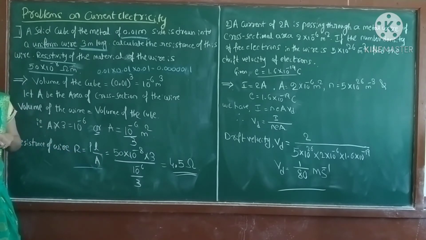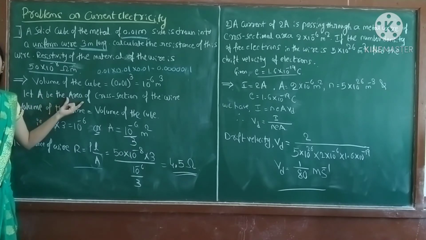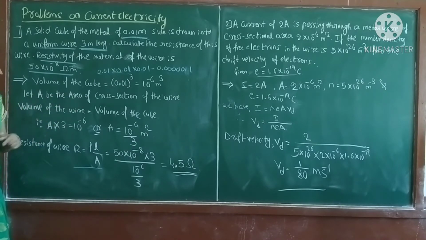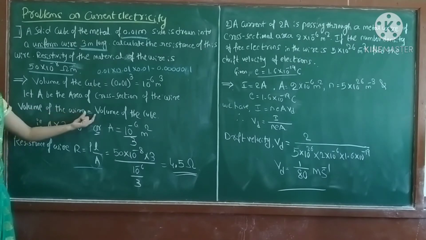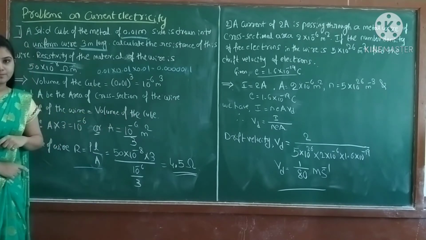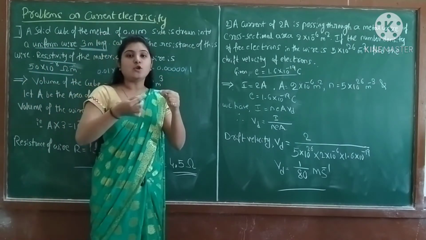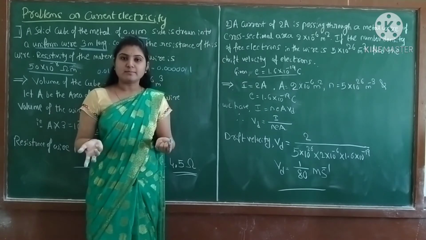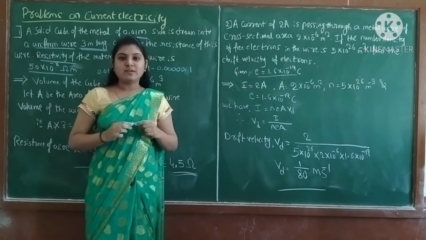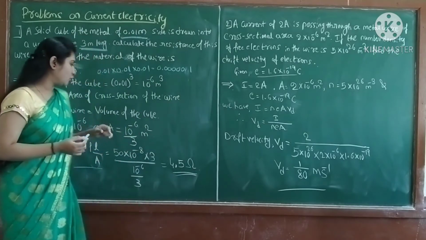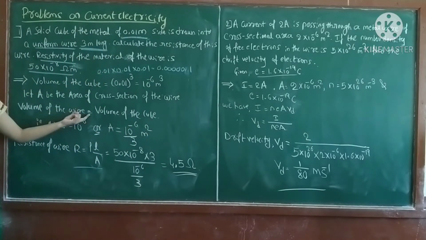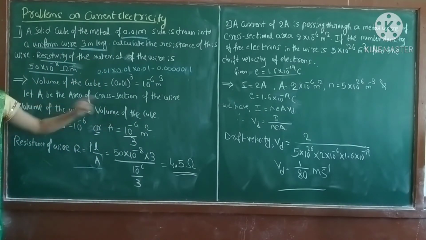So we have to assume it. The volume of the wire is nothing but the volume of the cube, because the cube is drawn into the wire.